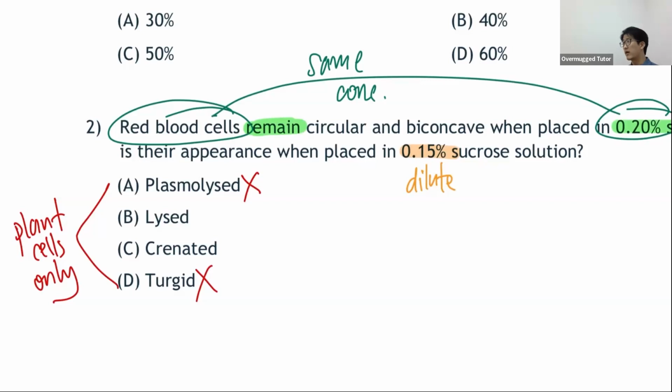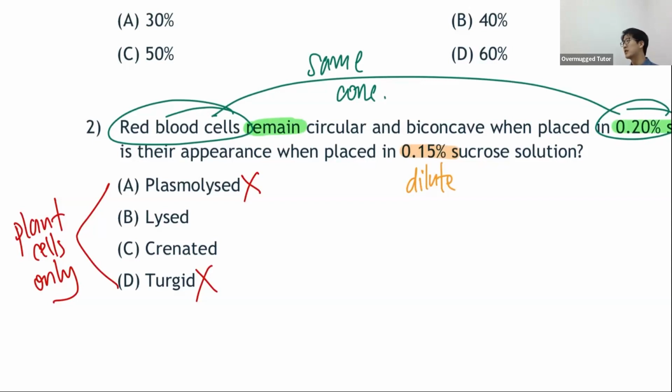The 0.15, very good. So if the 0.15 is more dilute than the red blood cell, who has a higher water potential again? Dilute, more water. Yes, the 0.15.